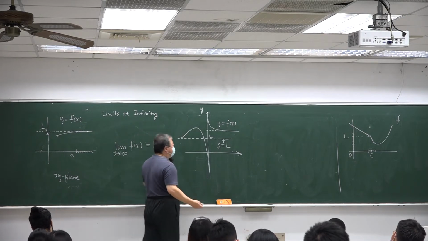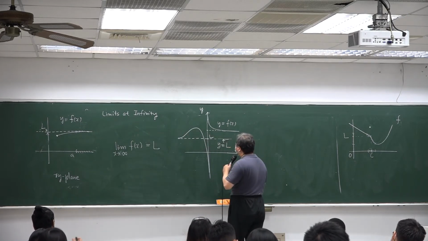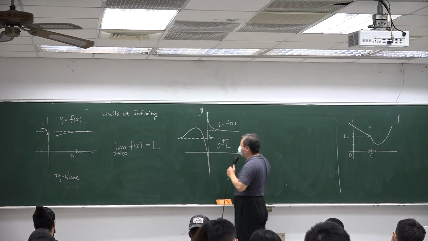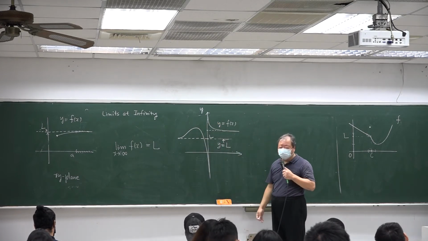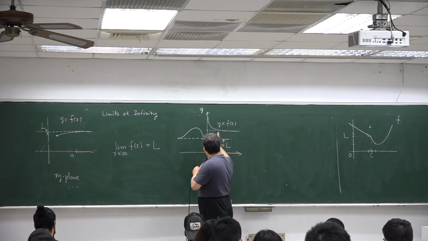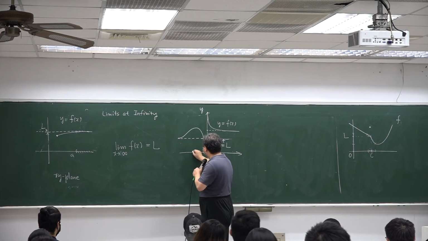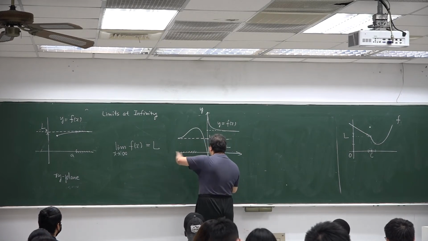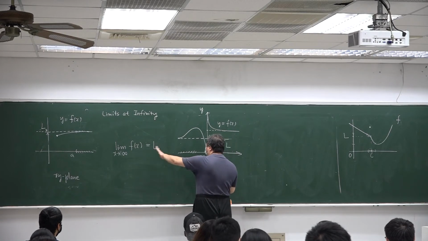Now, the graph of the function f looks like this, a curve on the Euclidean plane. This function is defined when x is small enough. Small means to the left-hand side of the origin, or from some place on that it is all defined.